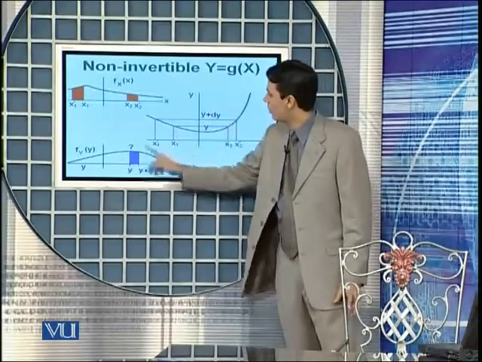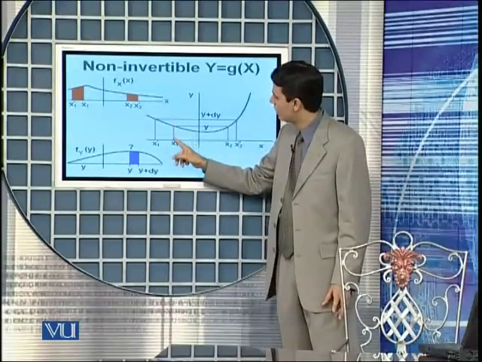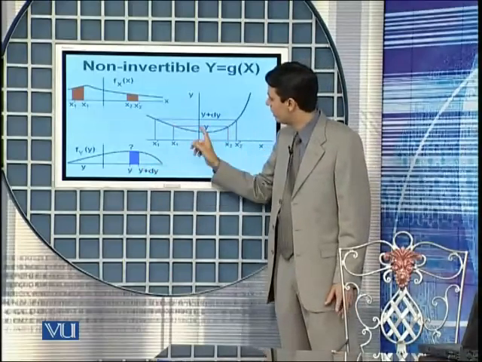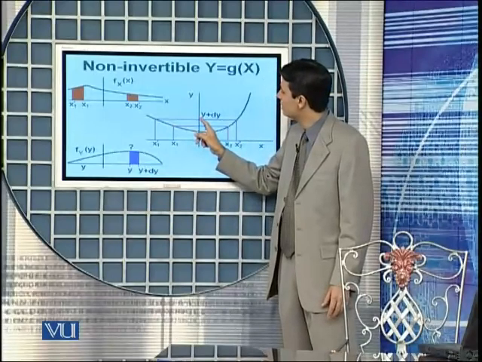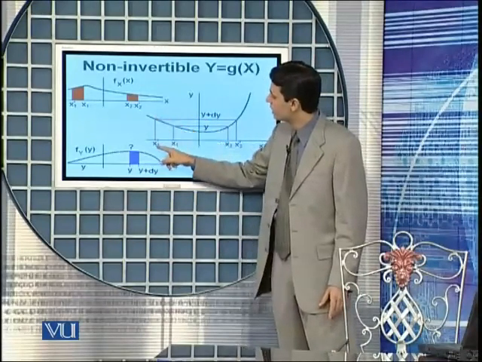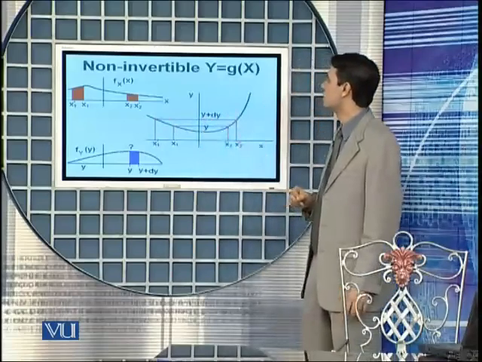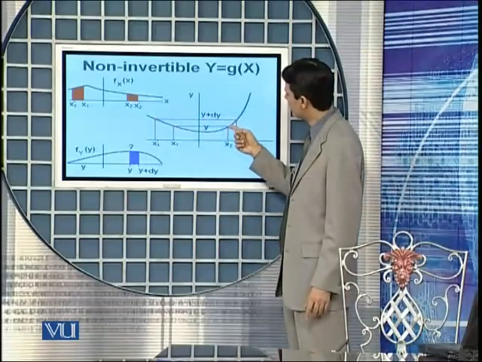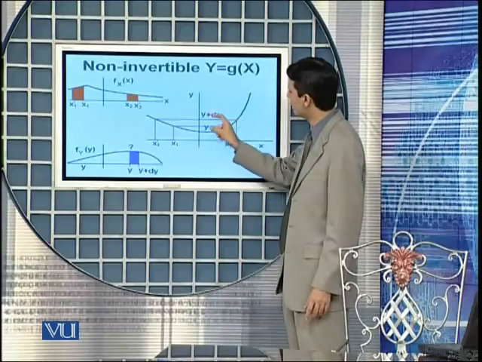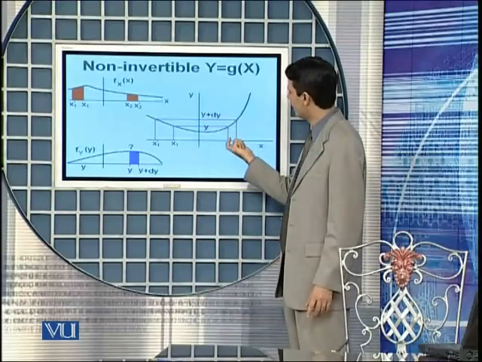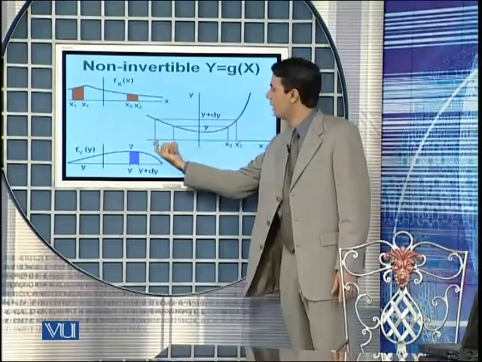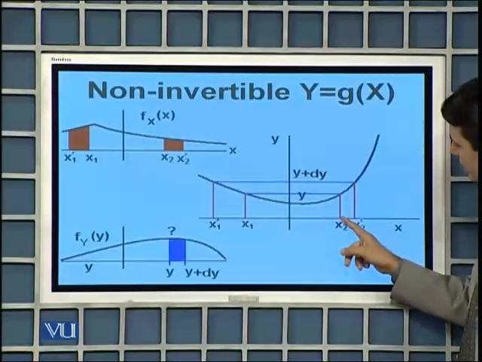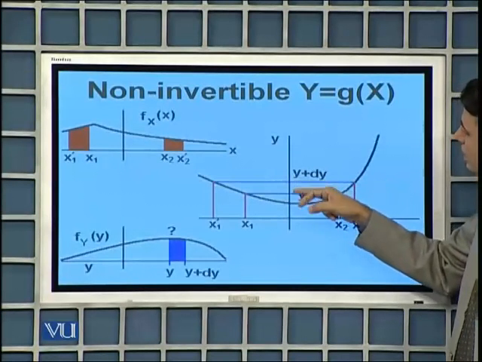So this point y inverse maps to points x1 and x2, and similarly this point y plus dy, which is shown here, gets inversely mapped to this point x1 dash and this point x2 dash. Assuming that this mapping is a straight line between this narrow interval with vertical width dy and horizontal width shown here, you can see that when x is in this range, the mapping is in this range.